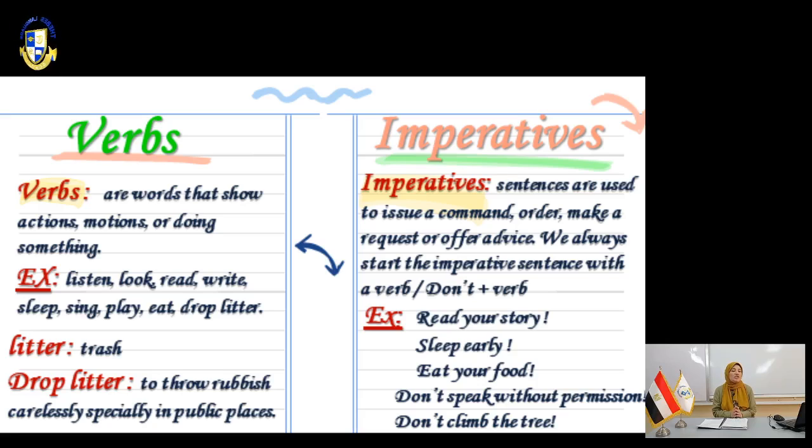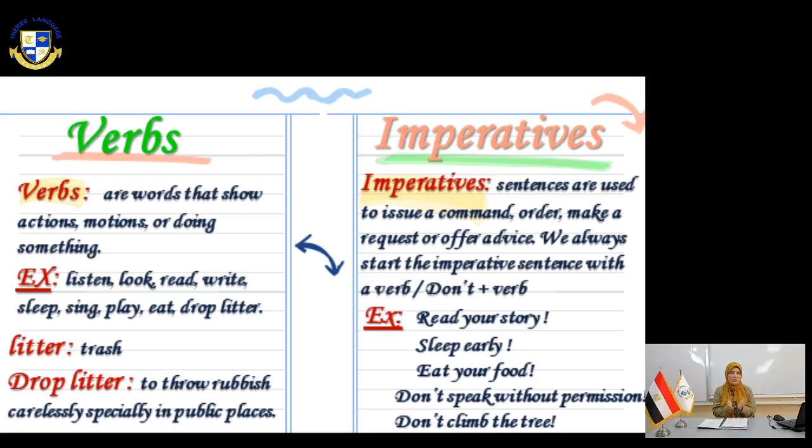It shows us motion. The verb means something we do, and we use our body parts and our body senses in order to do this action. For example, listen, look, read, write, sleep, sing, play, eat.